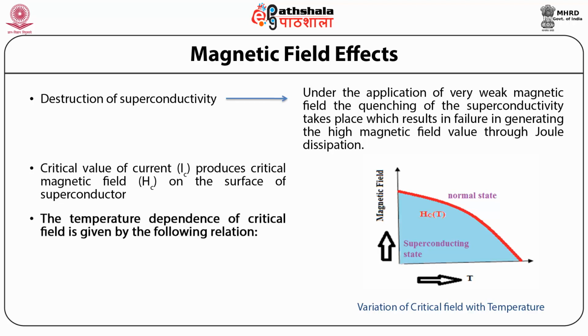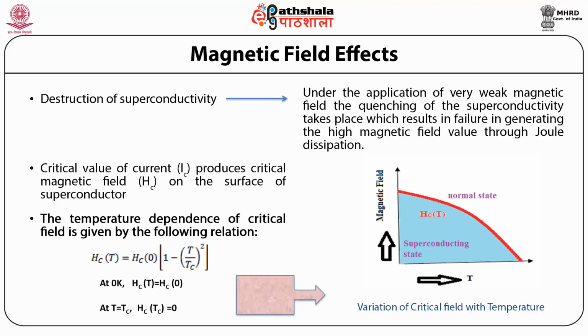The temperature dependence of this critical field is given by the following equation: Hc(T) equal to Hc(0) into 1 minus T by Tc whole squared. At 0 degrees Kelvin, Hc(T) equals Hc(0), and at T equal to Tc, Hc(Tc) equals 0. This is very well shown in the figure, the variation of magnetic field with temperature.